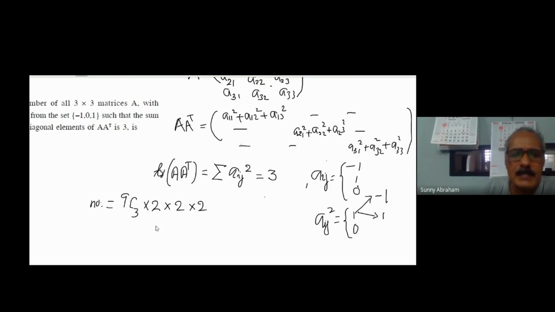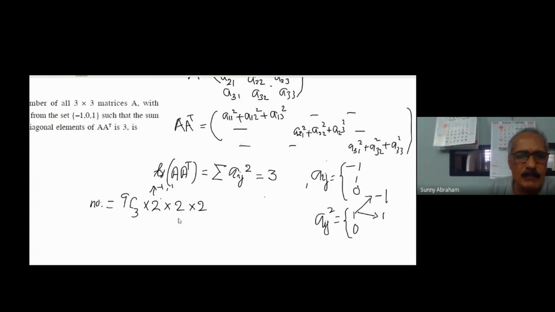Selected in 2 ways means it can take either +1 or -1. So out of the 9 Aij squares, we select any 3, and each selected entry may be -1 or +1; it cannot be 0. Therefore it is 9C3 into 2 into 2 into 2.